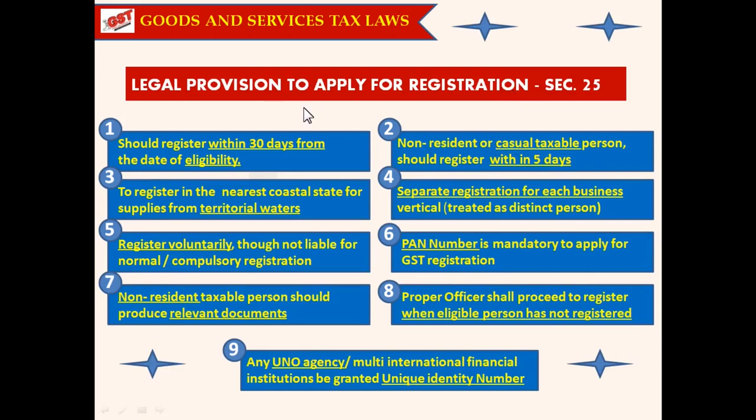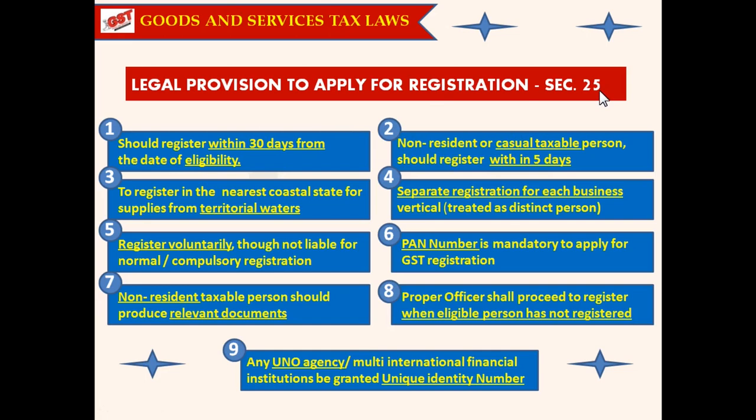Section 25 deals with the legal provisions to apply for registration. When you get the eligibility, then you have to necessarily register within 30 days from the date of eligibility. That is the provision given under section 25.